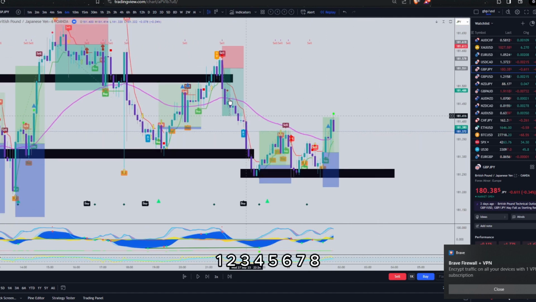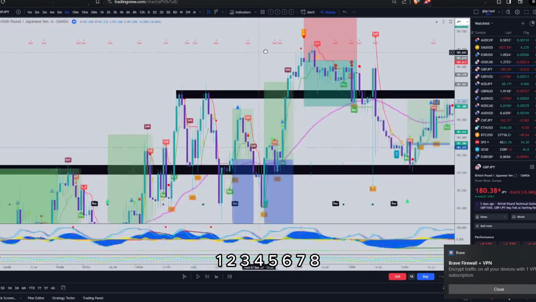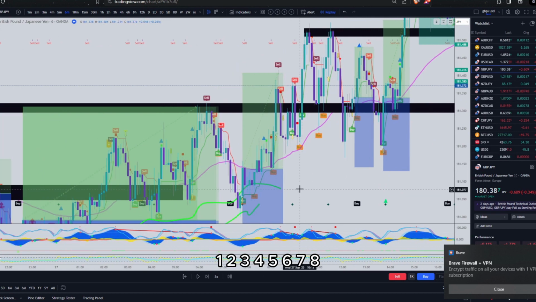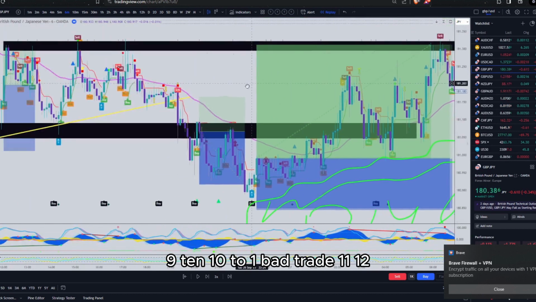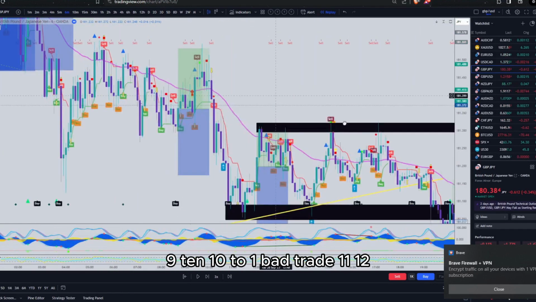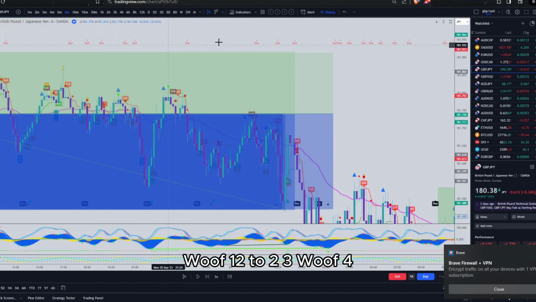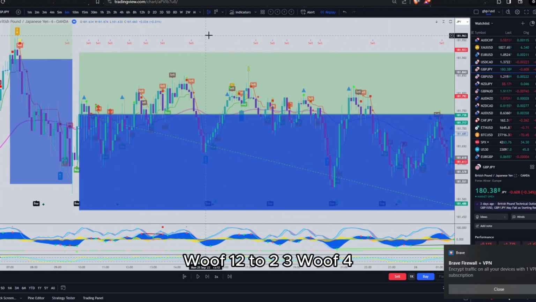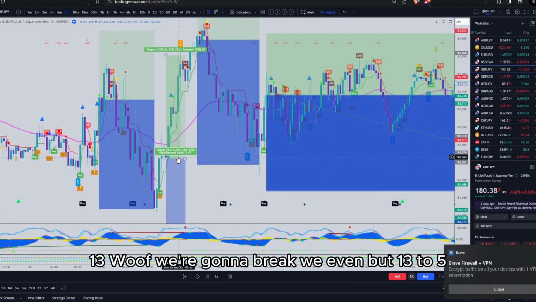1, 2, 3, 4, 5, 6, 7, 8, 9, 10. 10 to 1, bad trade. 11, 12. 12 to 3. 4. 13.